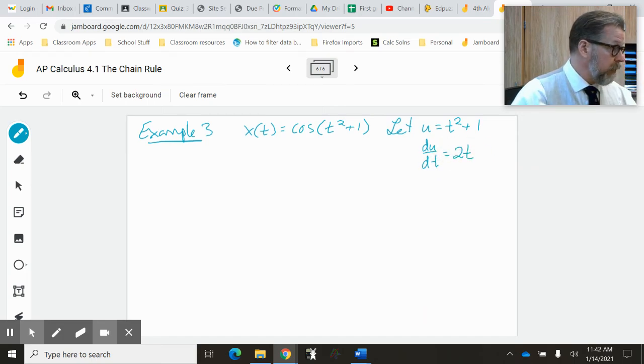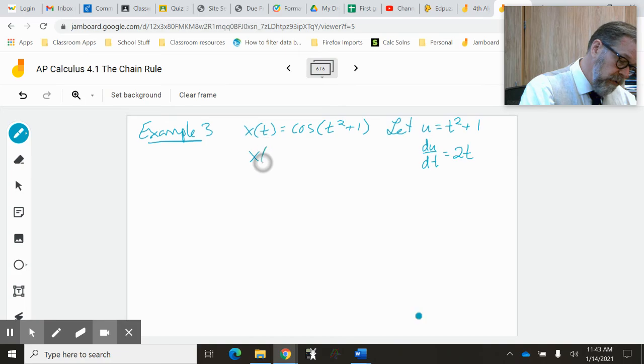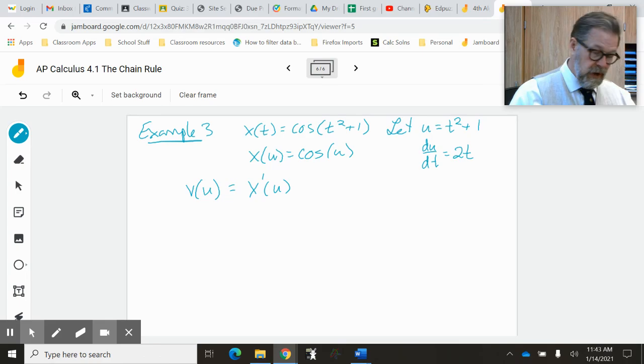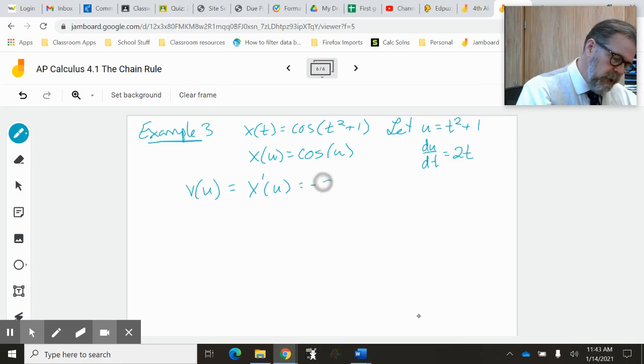And then we know that x of u is equal to cosine of u. X prime of u, which of course is the velocity of this particle, is equal to negative sine of u.